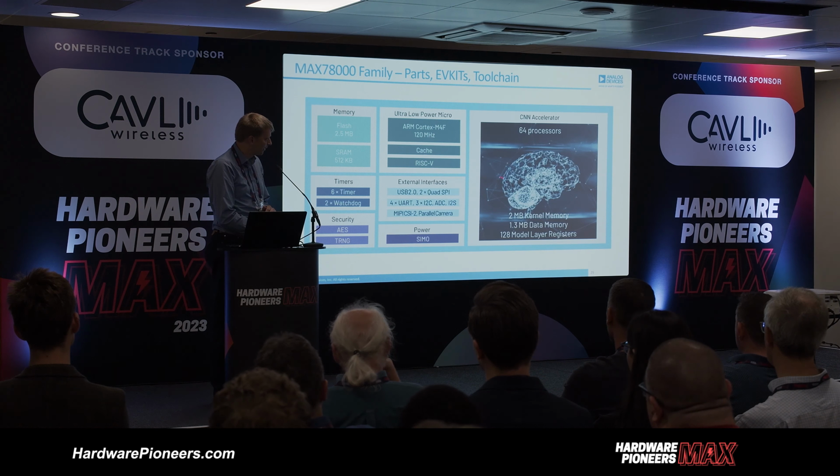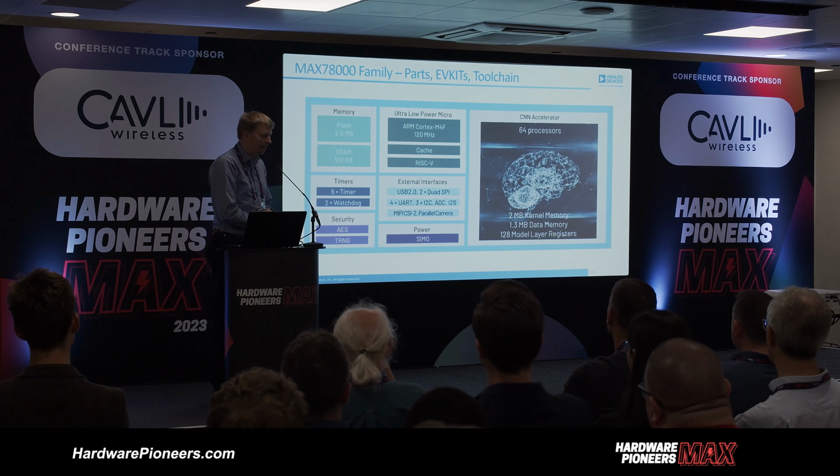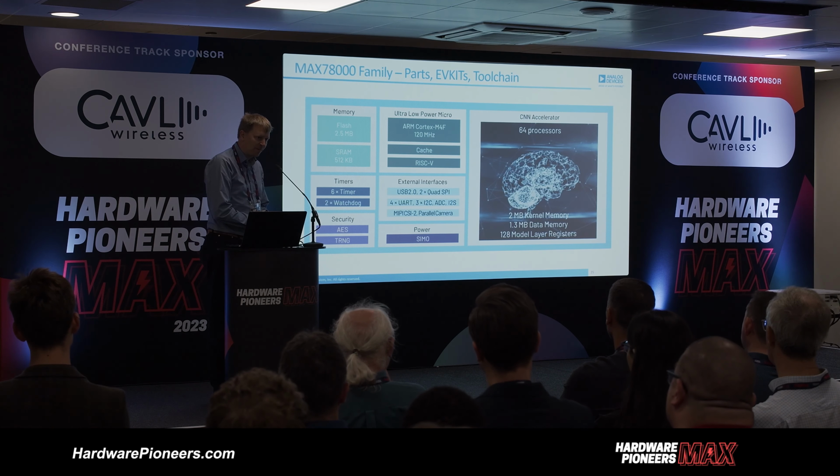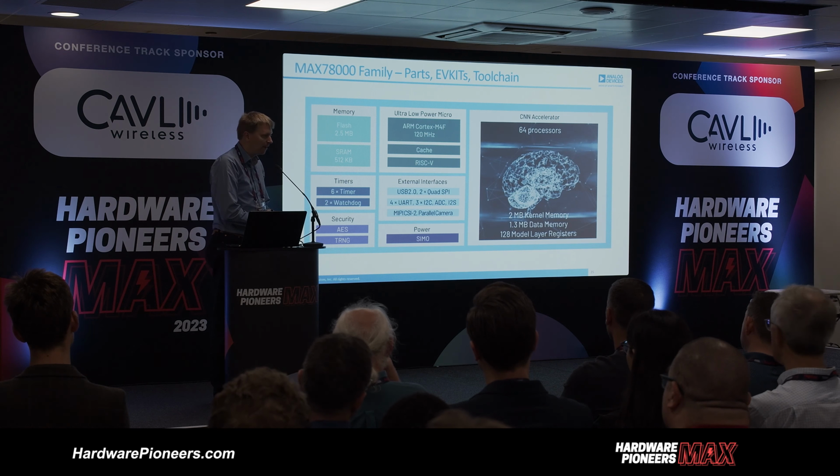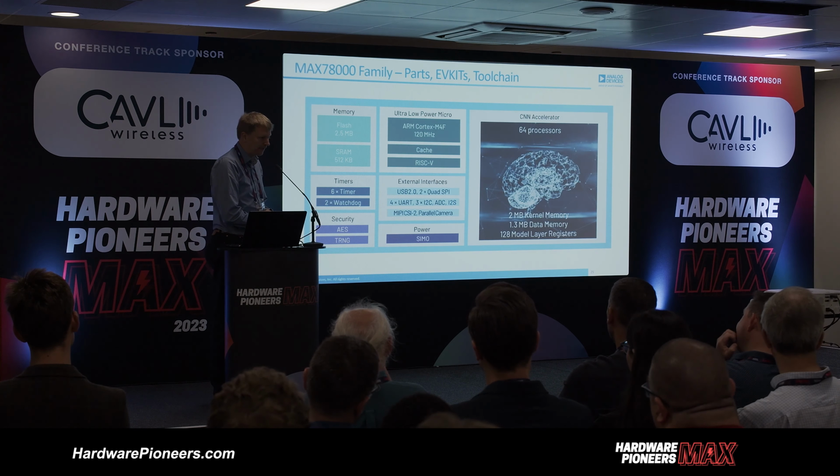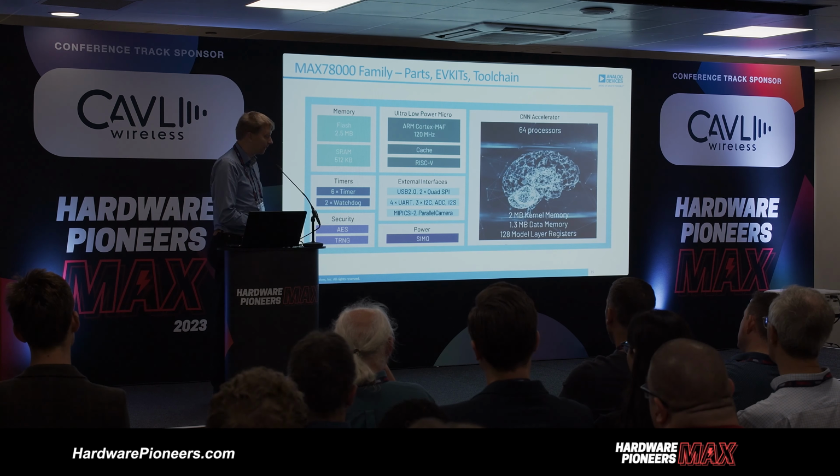So we put memory directly in that processing structure, such that you do not have to move any of that data for the inferences from A to B. This is actually the reason why we're saving so much energy, and the latency goes down as well.